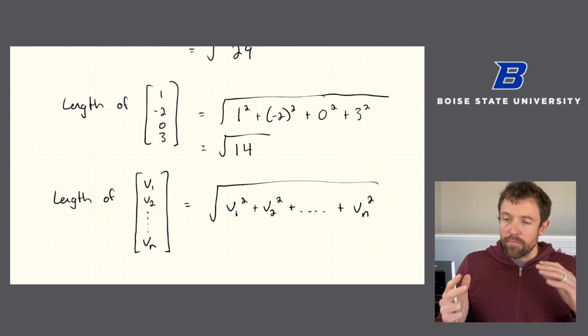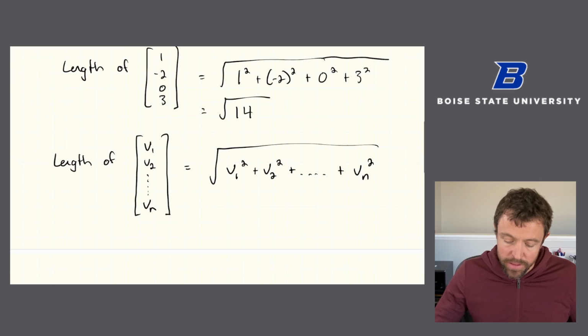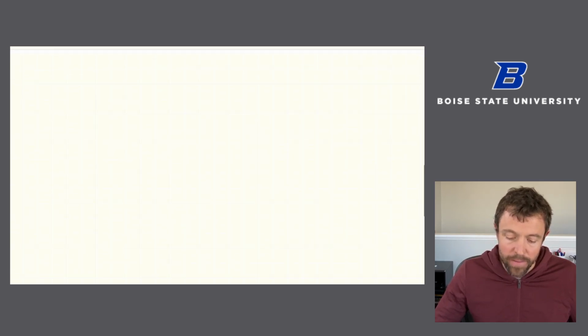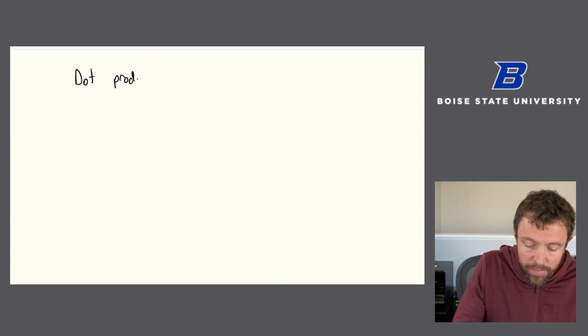I want to take a brief, unmotivated divergence into what's known as the dot product, and I'll come back and motivate it. But I think you need to see it first before it can be motivated.